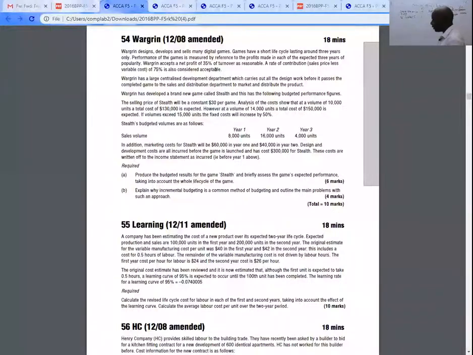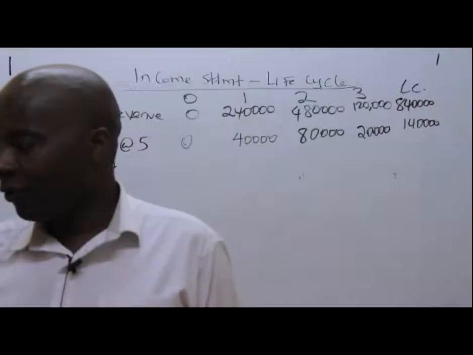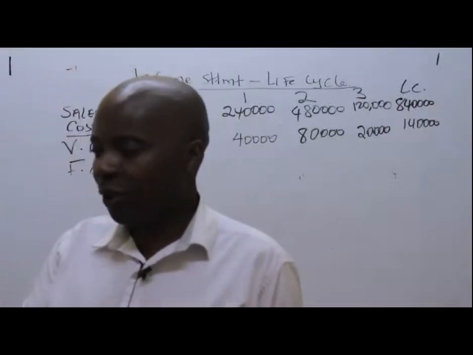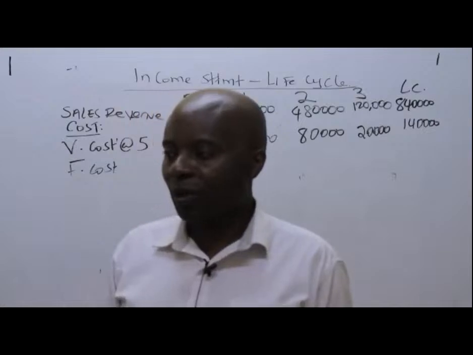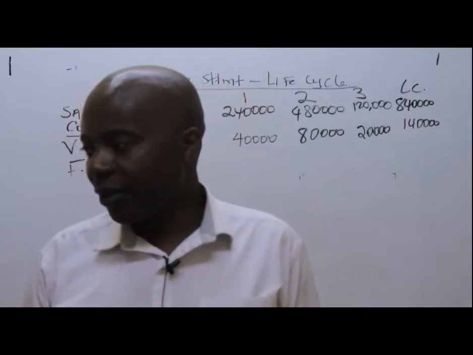From there, ladies and gentlemen, I would want you to come and fix the fixed cost. Could you kindly give me the answer for fixed cost? Give me fixed cost for year 1, year 2, and year 3. What answers do we have there?